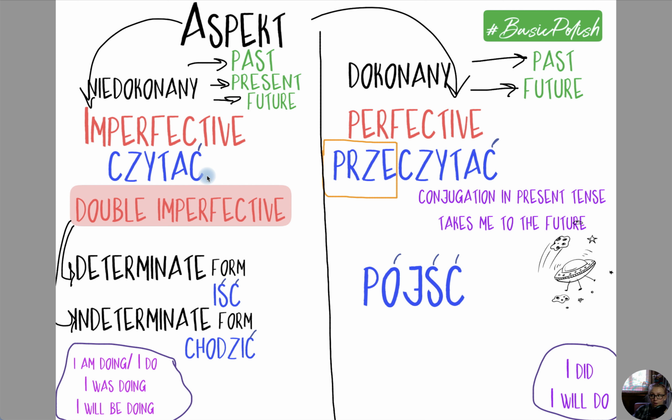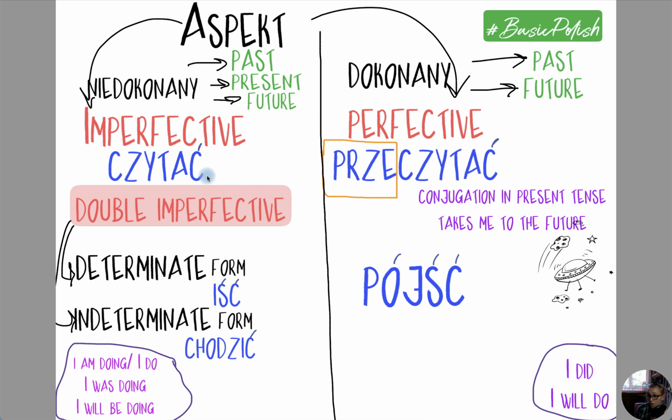So before I go into teaching my students about past, future, and present, before even we go into any tenses in Polish, I introduce aspect, because without that, as you can see, the whole idea about tenses is completely illogical, right? So you need to know what aspect is.